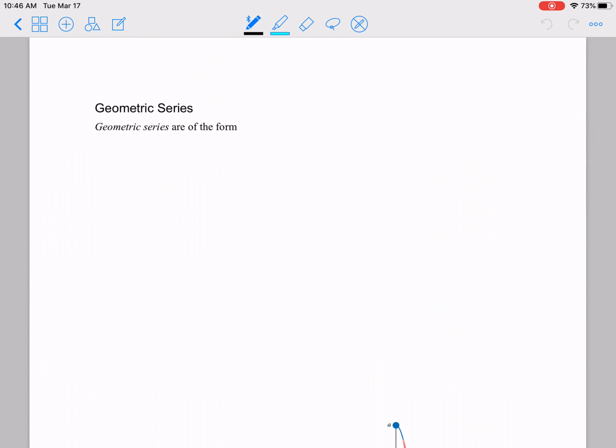So let's take a look at a specific kind of series called a geometric series. These series are of the form the sum from n equals 1 to infinity of some number a times r to the n minus 1. And what that'll look like is a plus a times r plus a r squared plus a r to the third plus dot dot dot a r to the n minus 1 and so on and so forth.